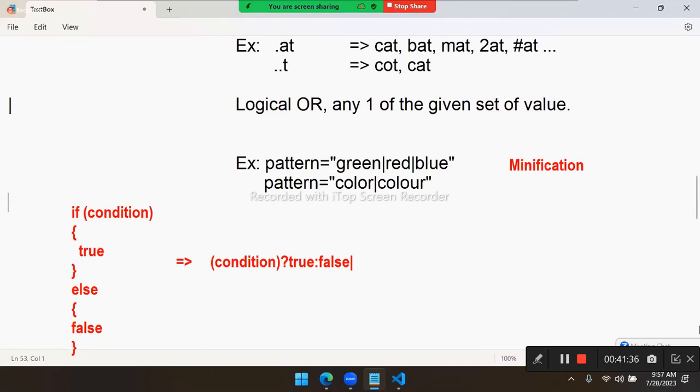This is called the ternary operator, right? So if you know programming like C, Java, .NET, this is the shortest method of writing your if. This is called minified. That means developers are asked to write the logic in a minified way. Why?